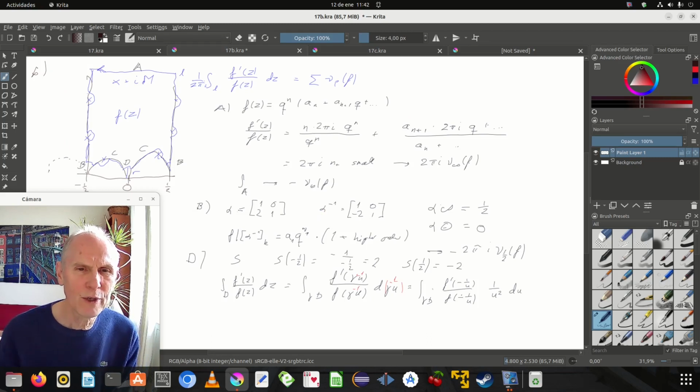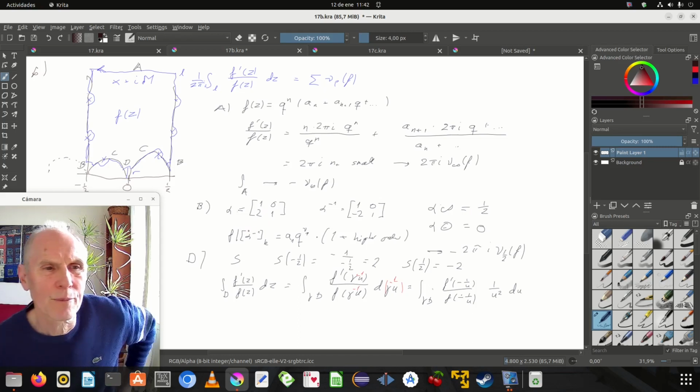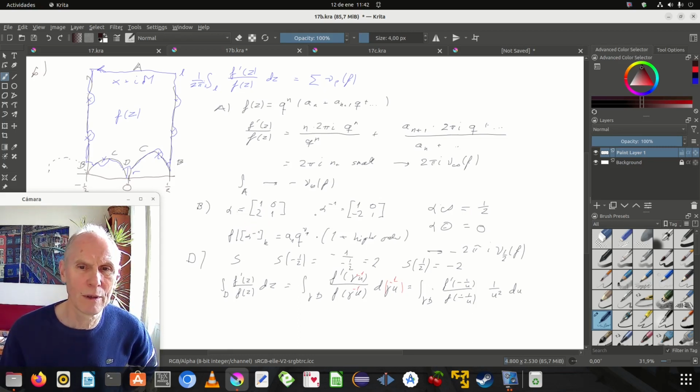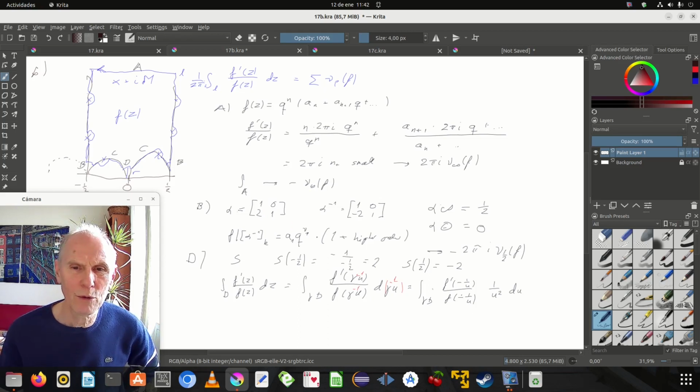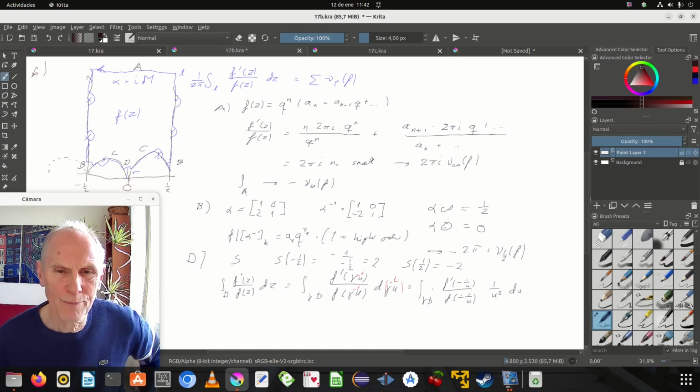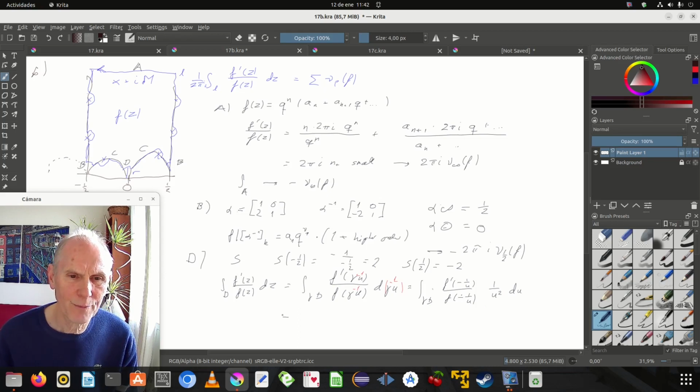So what do we need to do here? Here we do go 4 to the left, so that, now this was actually not quite wrong, but it gives minus 2 pi Vp at naught.